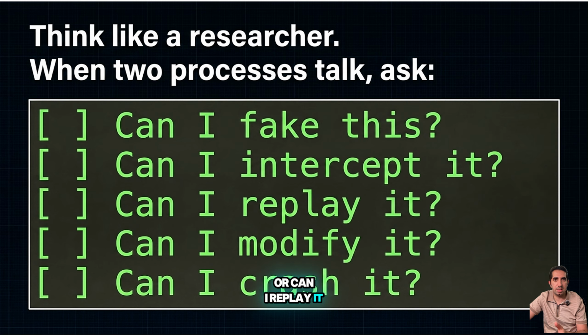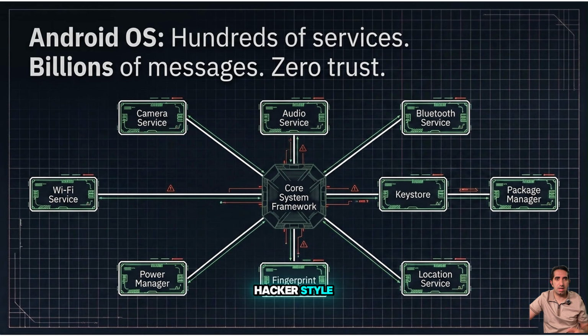Can I replay it? Can I modify it? Can I crash it? If the answer is yes to any of these, this can lead to a CVE. So it's very important if you want to think like a hacker.